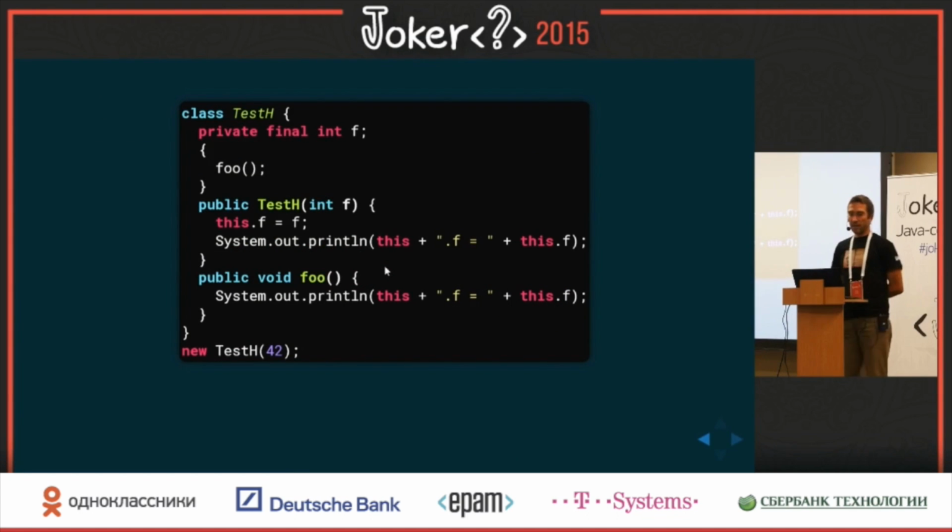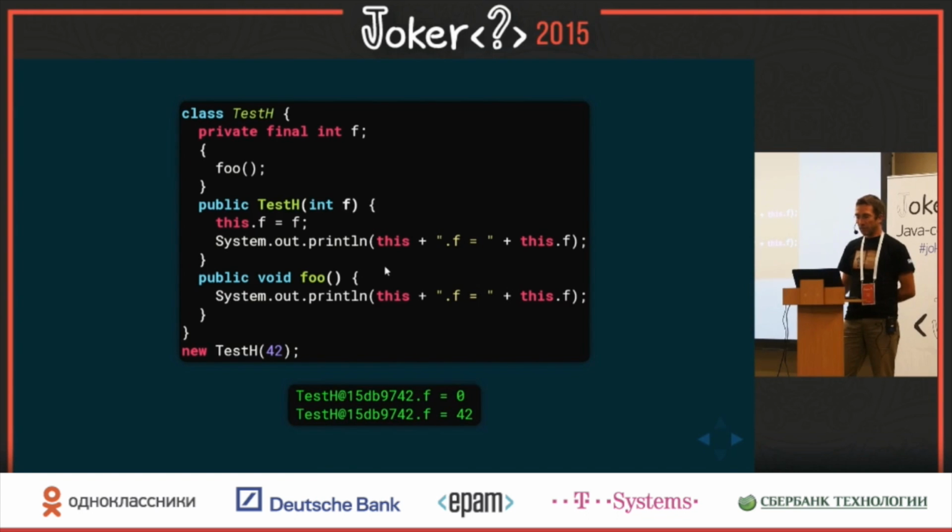Okay, so let's come to another problem with final variables. When we take this example, we have a final instance variable f, and in the initializer we call a function foo, which prints f, and in the constructor we set f, and we print the value again. So what do you think the output of this program will be?